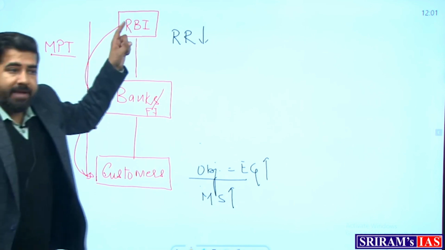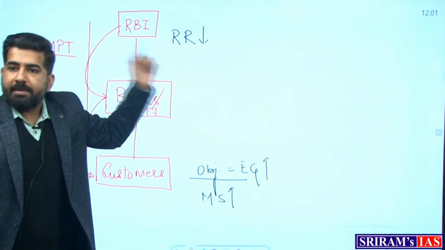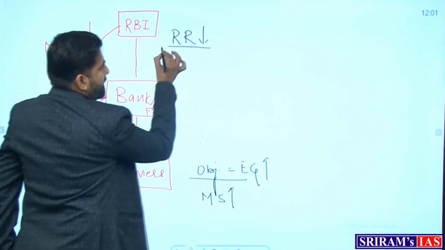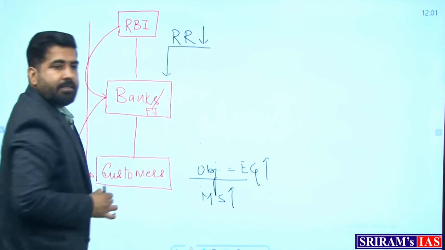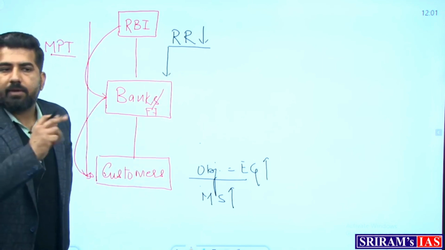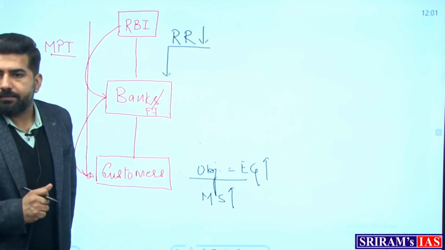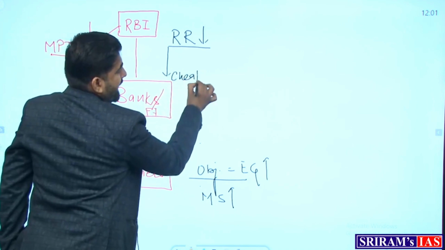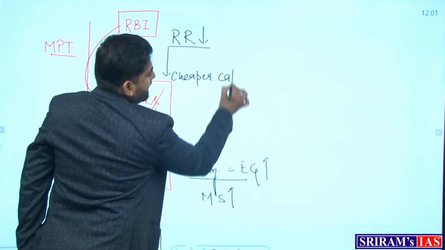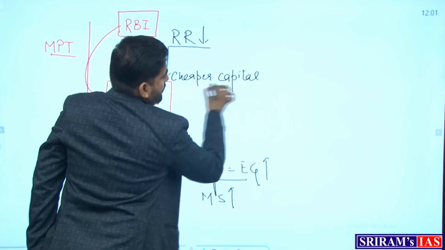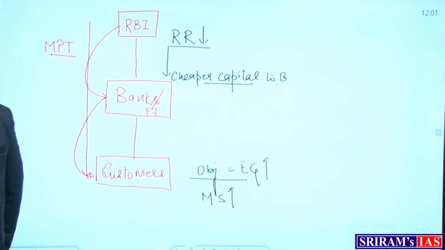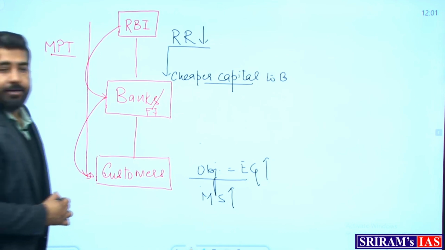Now fine, RBI has reduced the repo rate. In a normal scenario, this makes borrowing for the banks from the RBI cheaper or expensive? Cheaper. So that means cheaper capital to banks, and they are likely to reduce the lending rate or increase it?